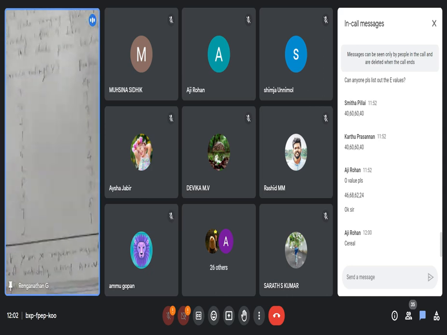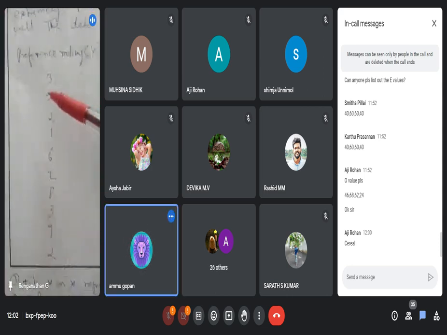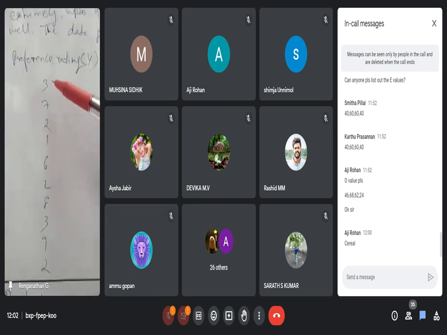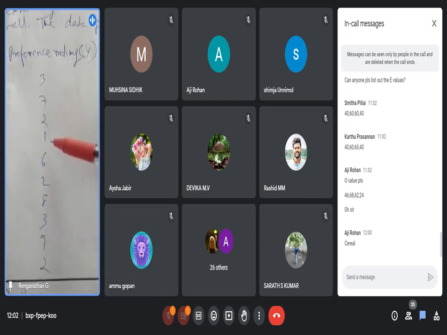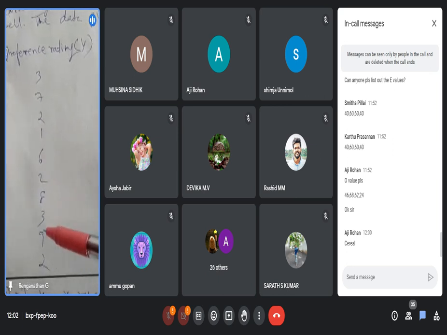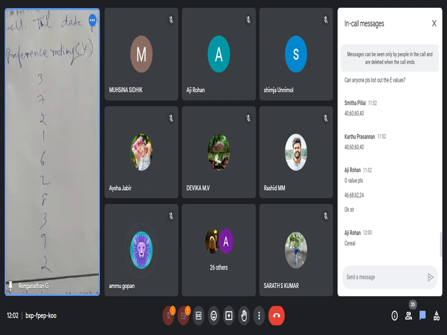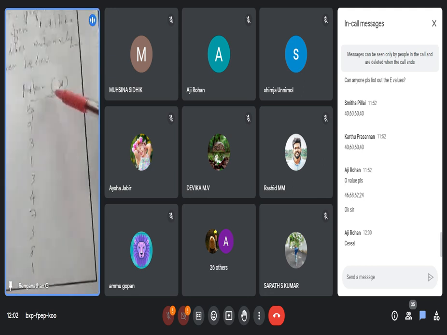Clear? Now come to the protein, which is measured. Can you see this? 3, 7, 2, 1, 6, 2, 8, 3, 9, 2. Clear? Okay. Now come to the next column, protein.